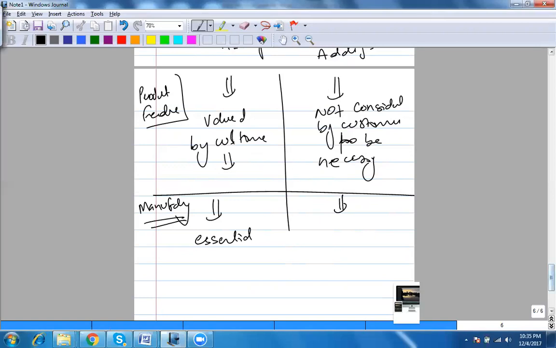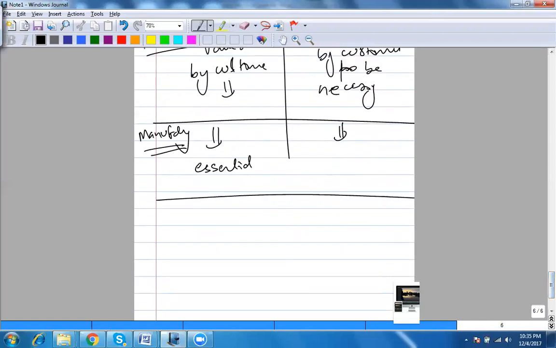Whenever we apply activity-based management, we try to eliminate the non-value-adding activities so that the manufacturing process becomes efficient, the product is of the desired quality, and we are able to save cost. This is what activity-based management generally involves.